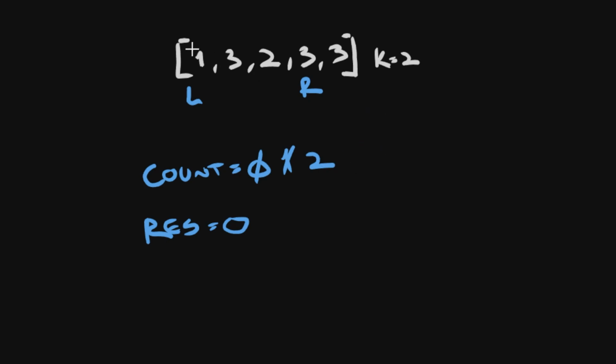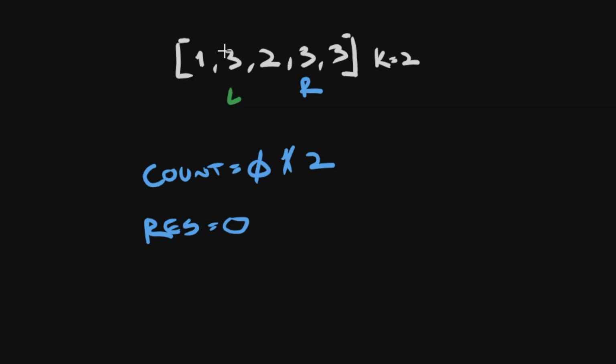Let's see what this means. We know that this array is valid because it has 2 maximum values. But we also know that this array is valid because it also has 2 maximum values. So our approach here is to update the left pointer until our count is smaller than k. And from that point we want to add the left pointer arrays to our result. In this case, nums at left pointer is 1. 1 is not our maximum value, so we update left.